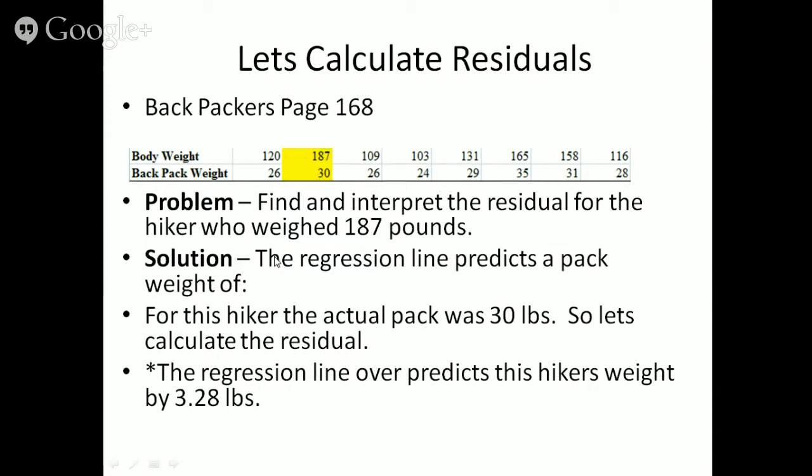So to find and predict, the regression line is going to predict our pack weight. So that's that y hat equation. And if you look in your books, the equation is there.